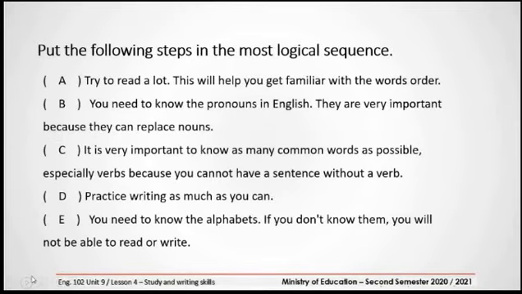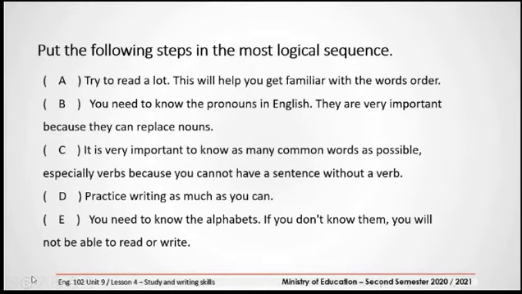All right. Now, these are the steps that you need to follow in order to learn English or any other language.